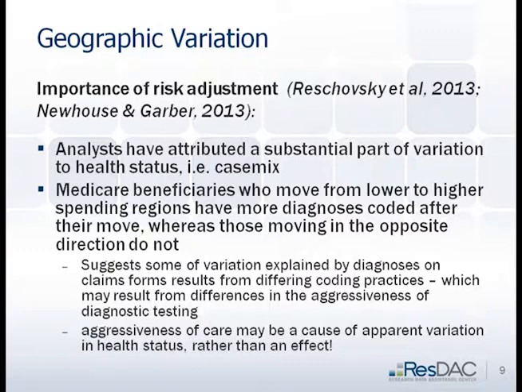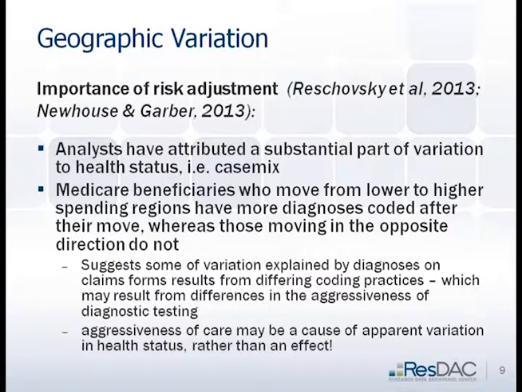Okay, so here are two researchers. I'm going to guess, Reschovsky and Newhouse I know, and Garber I know. So anyway, these researchers have conducted some studies where they've looked at geographic variation, and they have attributed a substantial part of this variation in costs to health status.